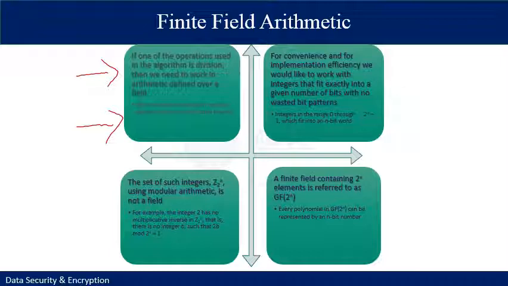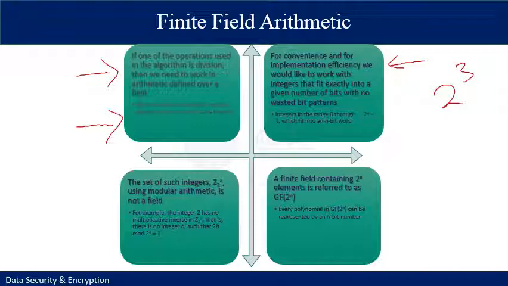For convenience and for implementation efficiency, we would like to work with integers that fit exactly into a given number of bits with no wasted pattern. We have seen in the last example that we used a 2 raised to power 3 field in which all the bits were covered and no bit was wasted.